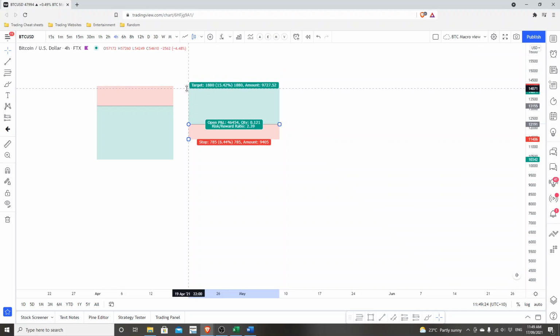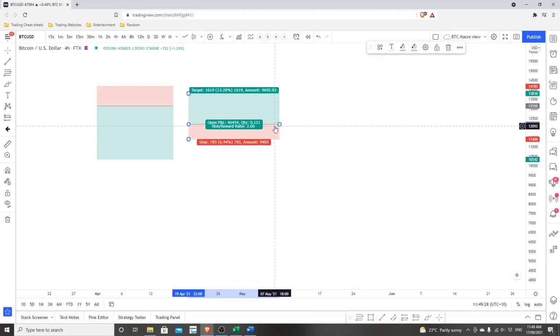So I'm looking for at least to double my money. Alright, and you don't want to revenge trade. If you have a trade that goes the wrong way, you don't want to think on the next one, I have to make that money back. No, each trade is different, has its own take profits, set rules.